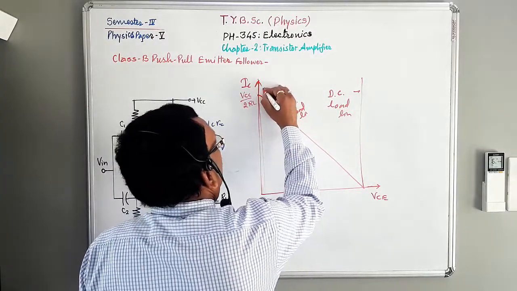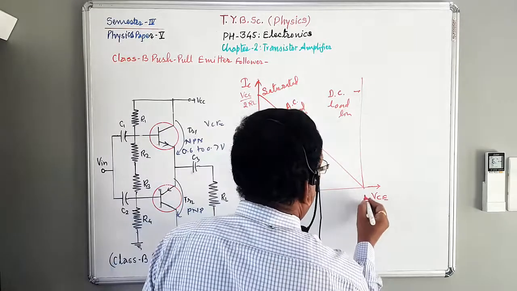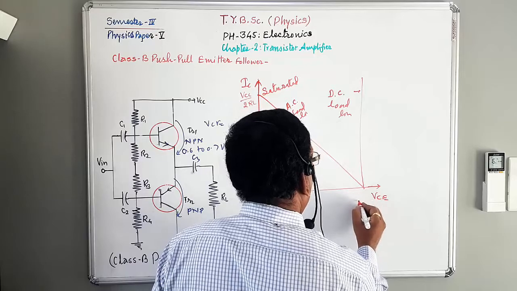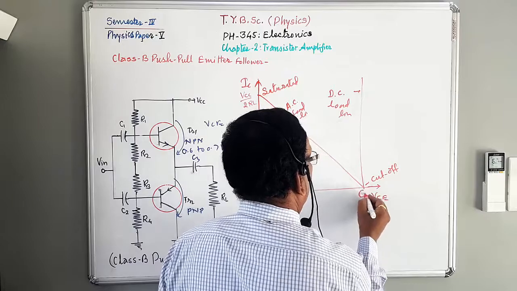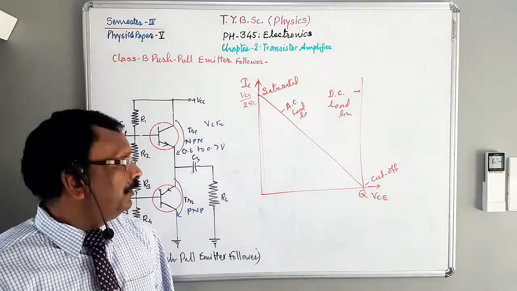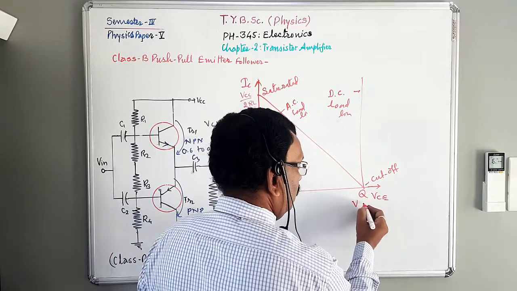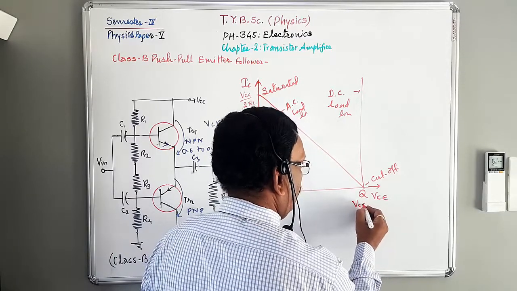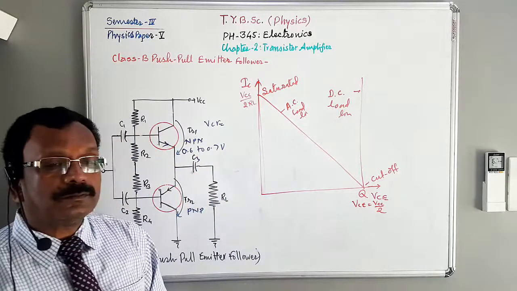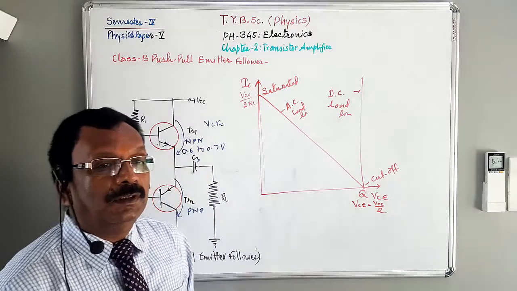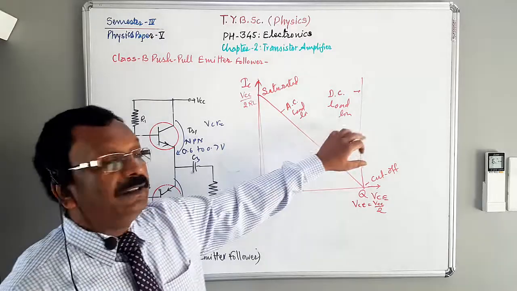So this is the saturated region, whereas this is the cutoff region, and here Q is there, where VCE is equal to VCC upon 2. So this is the AC load line, and this is the DC load line.